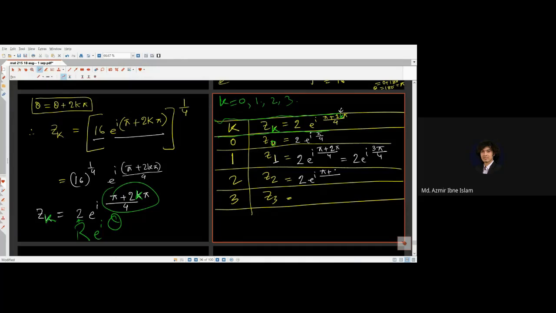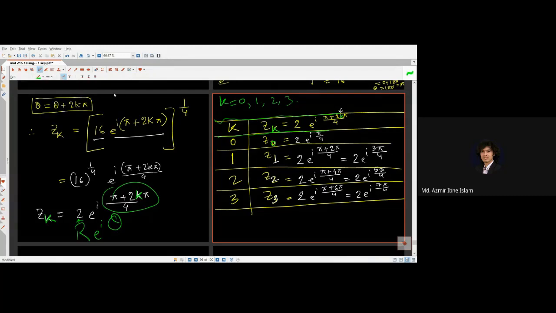So 2 times 2, 4. So that means 2 e to the power i 5 pi by 4. For the last one, 2 e to the power i (pi plus, now input 3, 3 times 2, 6 pi) over 4. So 2 e to the power i 7 pi by 4. Clear?